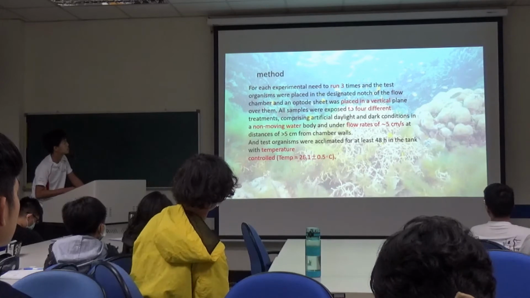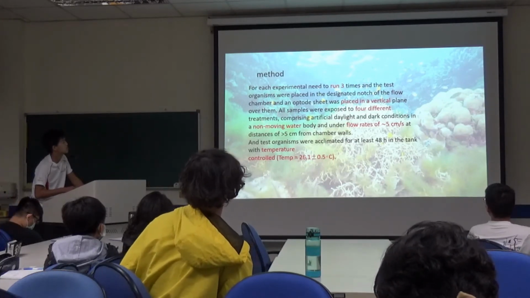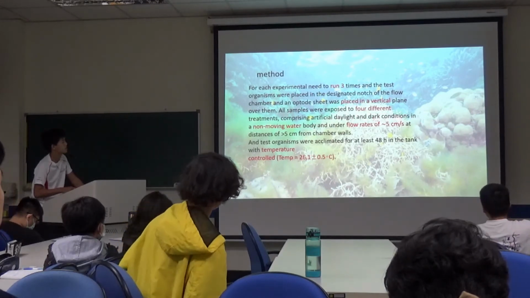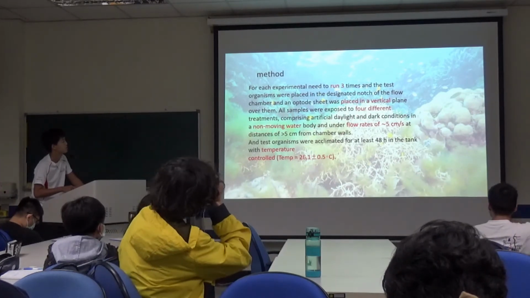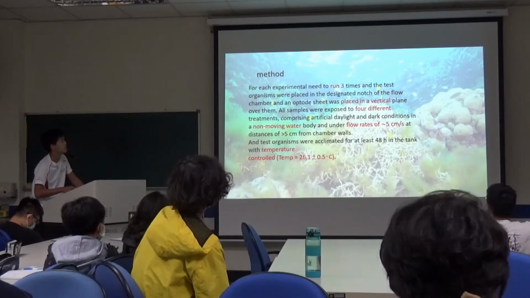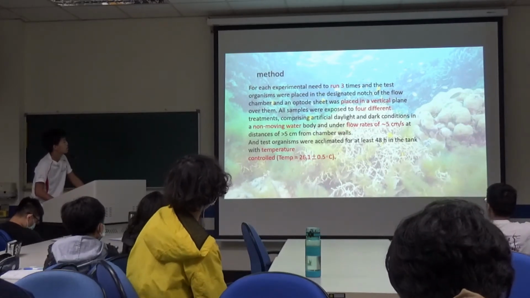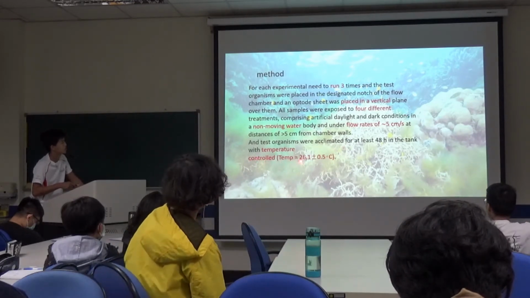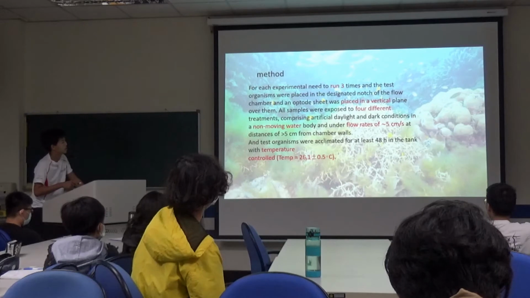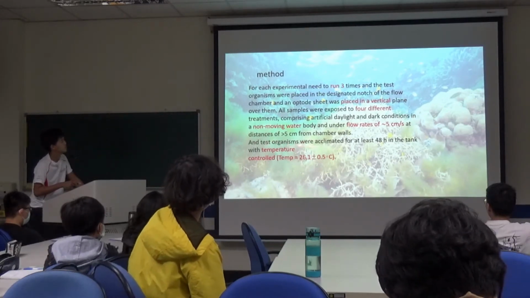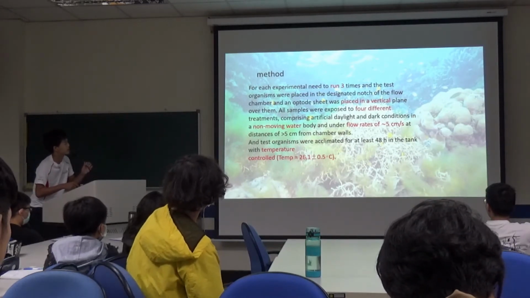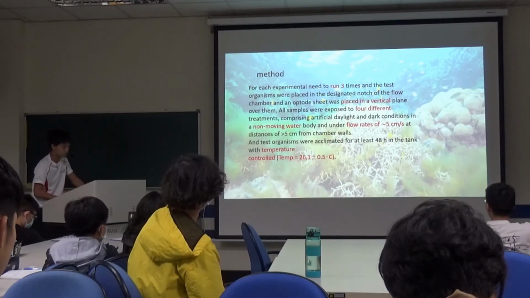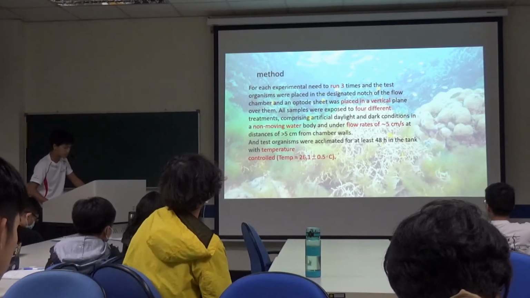Also, samples were exposed to 4 different treatments, which are daylight and dark conditions, and non-moving water and a flow rate of 5 centimeters per second. And the temperature needs to be controlled at 26 degrees, and the test objects need to acclimate in the tank for 48 hours.